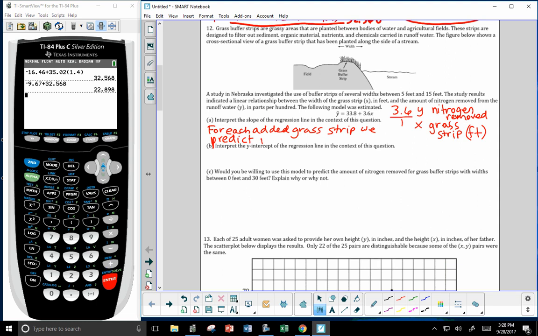Okay, part B, interpret the y-intercept of the regression line in the context of this question. So our y-intercept is 33.8. It's the number by itself, the constant. And we want to know that that's the y-intercept when x is 0. So when we have no grass strip, or you could say when we have a grass strip of 0 feet, we predict 33.8 nitrogen to be removed.